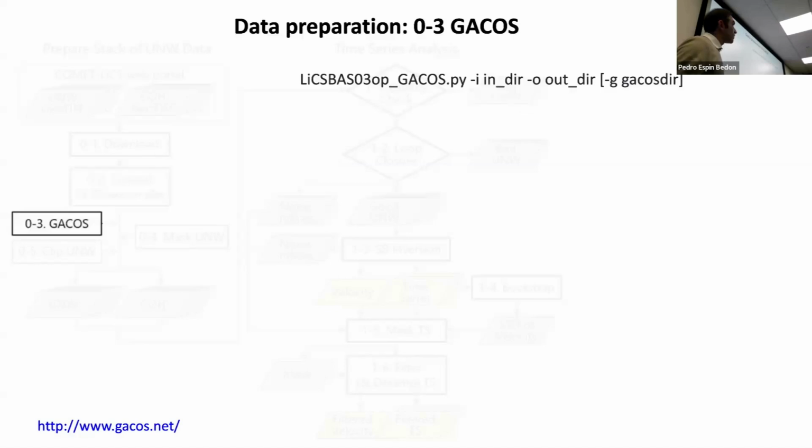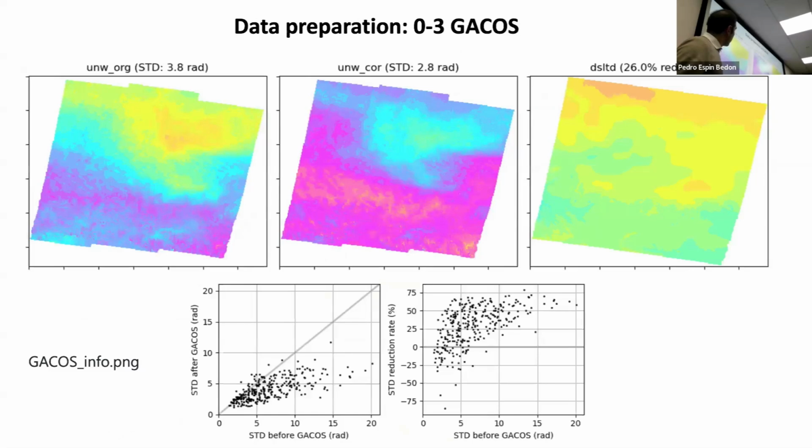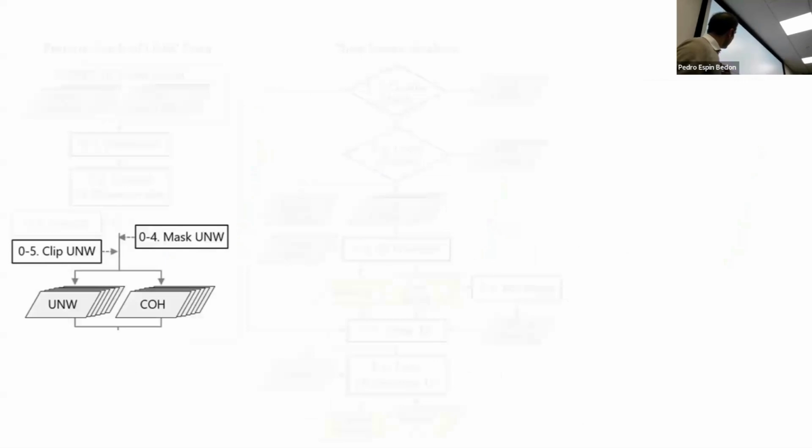And then the next step was the GACOS correction. As also shown yesterday by Chen Yu, this step is very effective in reducing the effect of the tropospheric delay for different frames. I showed some examples. These are actually something that LiCSBAS generates, and you can check them after the GACOS correction to ensure the effectiveness of the correction in your case study.